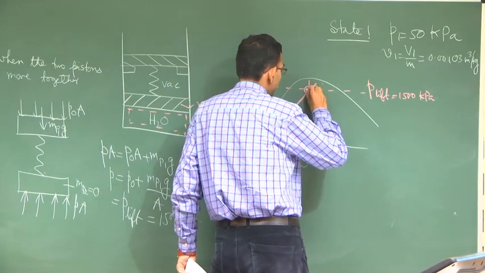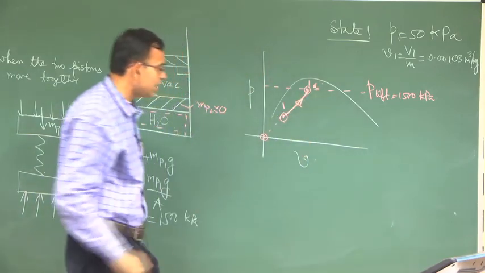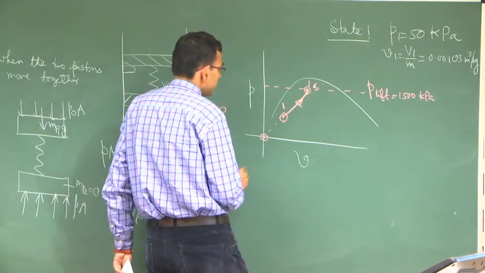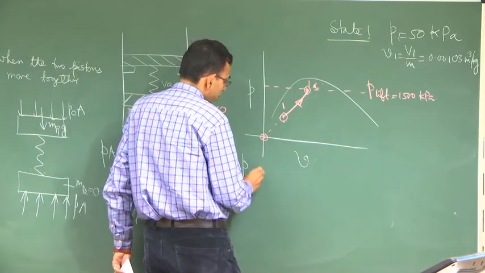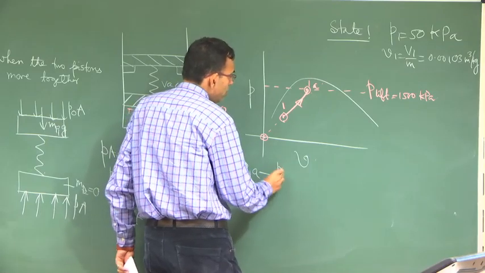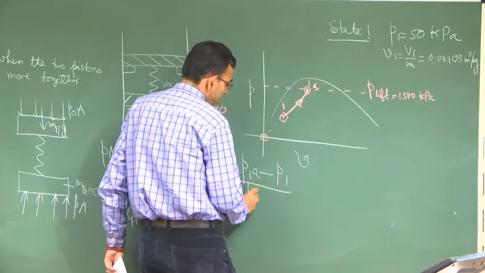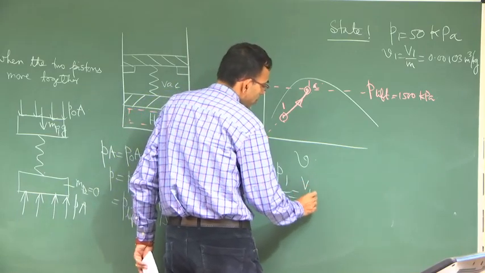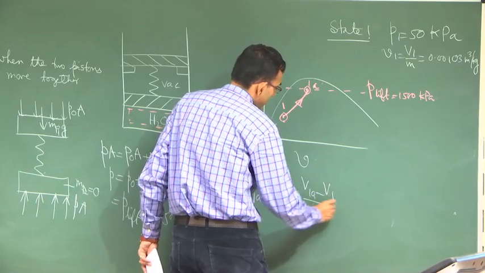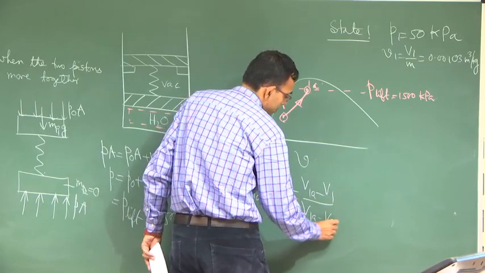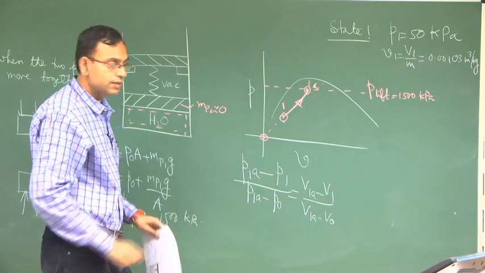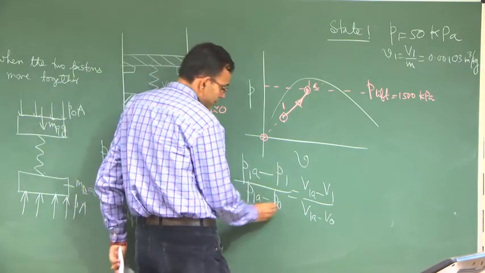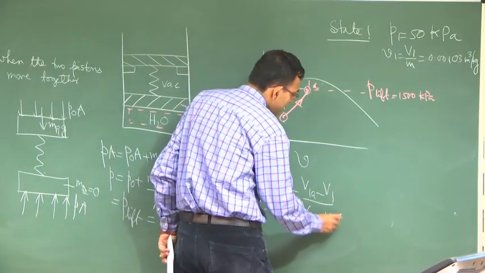So, up to this there will be a straight line and we can write the equation of the straight line as follows: P1A minus P1 by P1A minus P0 is equal to V1A minus V1 by V1A minus V0, right. So, P0 is 0, this is the equation of the straight line.